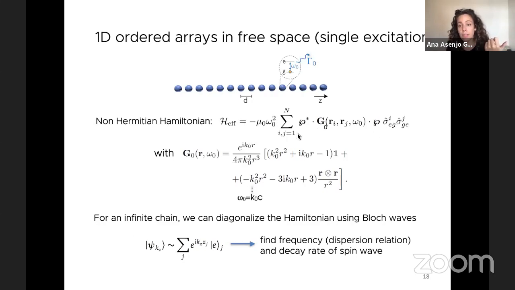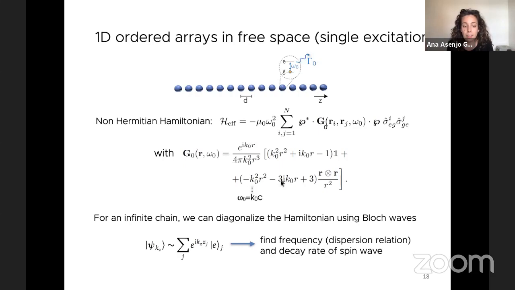This is the same Hamiltonian as before, but I have included both the real and the imaginary part of the Green's function here. This is in vacuum, so the propagator of the electromagnetic field is given by this expression. Now I have a Hamiltonian that describes this spin interaction in a 1D array.